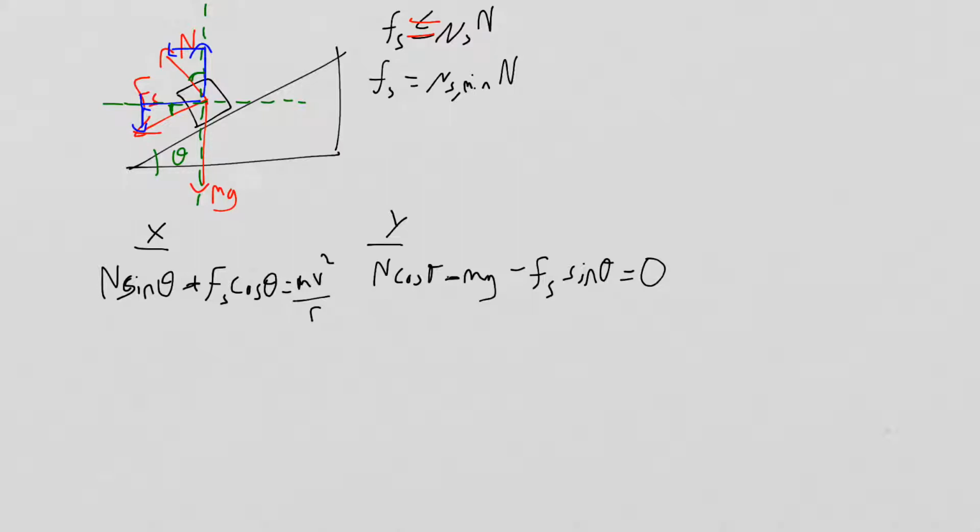So we can substitute that in, now that we know what our friction force looks like. And sine theta, that doesn't change. I'm just going to write mu s rather than mu s min, just for simplicity.